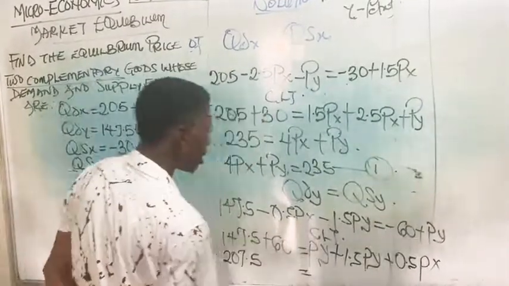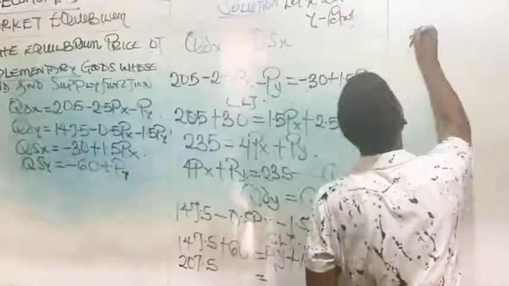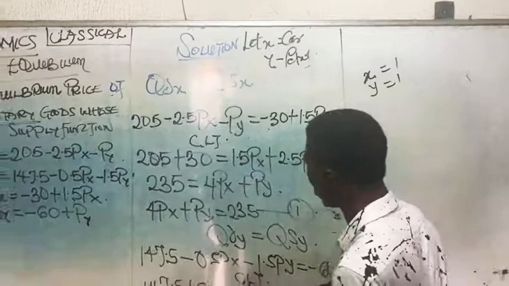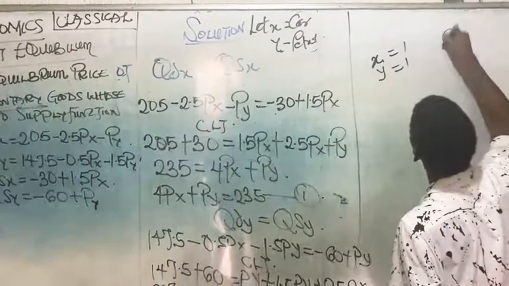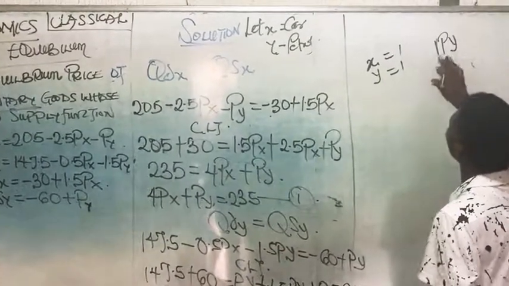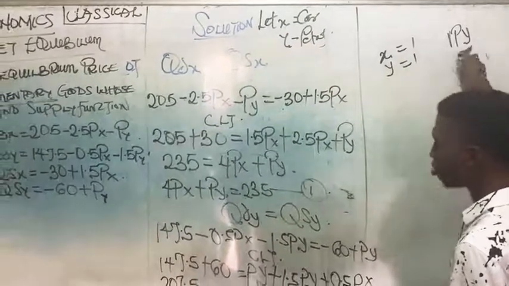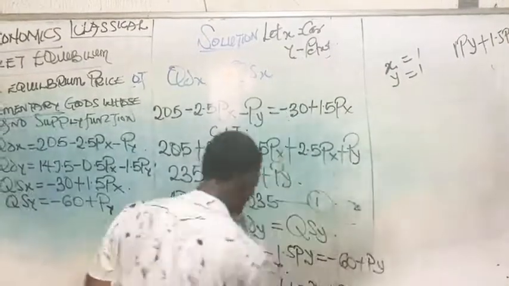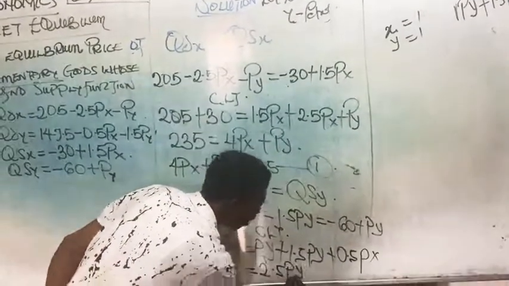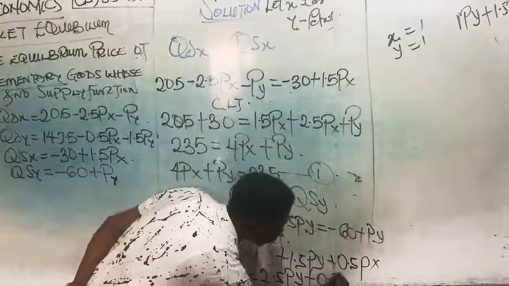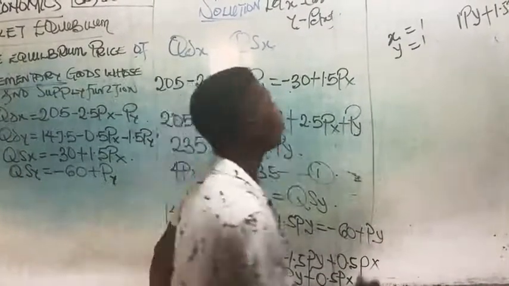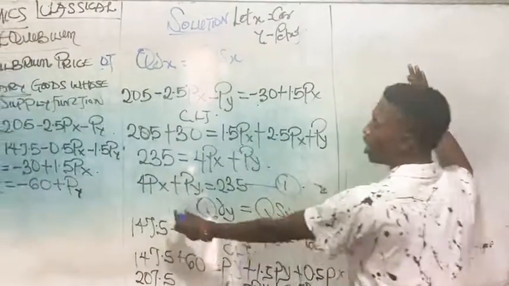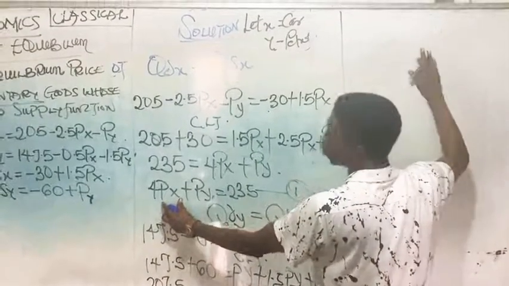And PY. Now, if you are having an X means 1, Y also means 1. So therefore, PY means there is an invisible 1. So automatically this is 1PY. So 1PY plus 1.5 PY will give you 2.5 PY, plus 0.5 PX. Now, to analyze the equation, in order to have equation 2, what comes first here? PX. So therefore, let's let PX also come first.